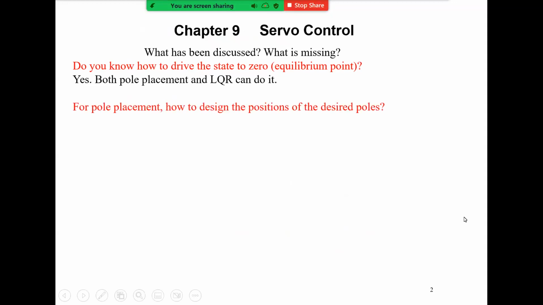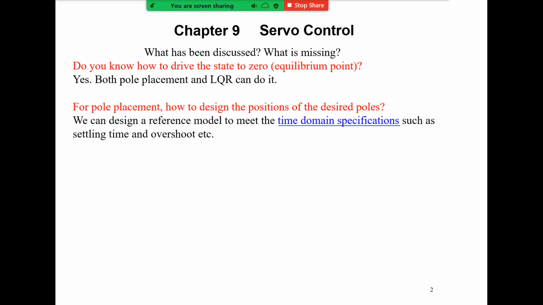If we use pole placement, how do we design the desired poles? You use the performance requirements. You design a reference model to meet the time domain specifications, for example.